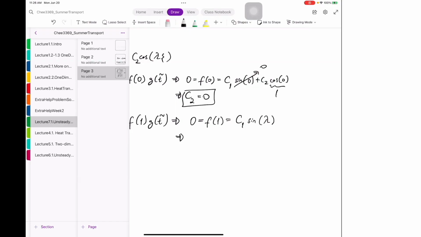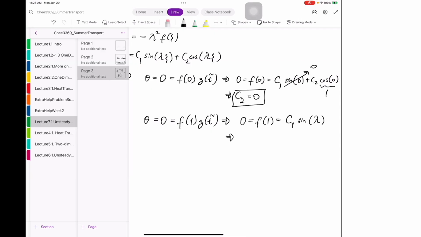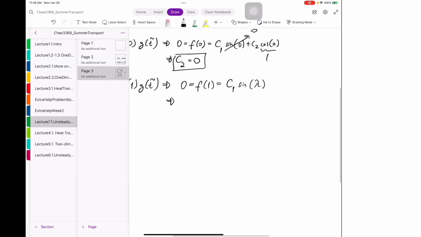If C1 were 0, with C2 also 0, that would mean f of psi would be 0 no matter what, and that doesn't make sense. I want the f to change with the psi. I don't want it to vanish. If it vanishes, the entire thing vanishes. Theta would be 0 for all the values, and that doesn't make sense. So 0 is equal to sine lambda.